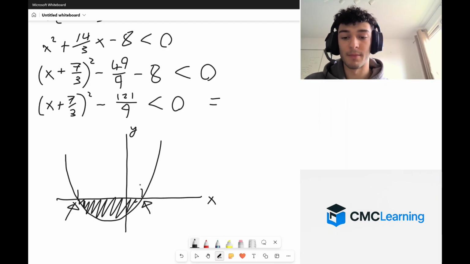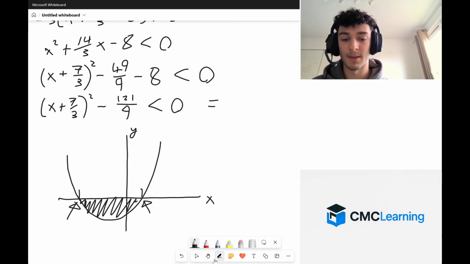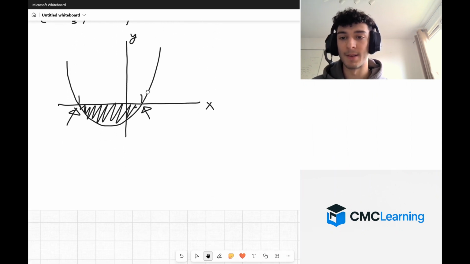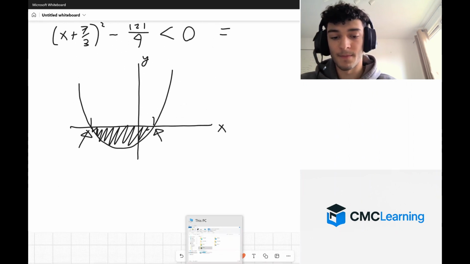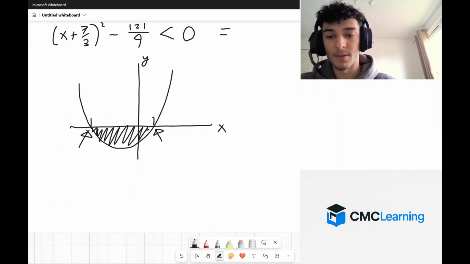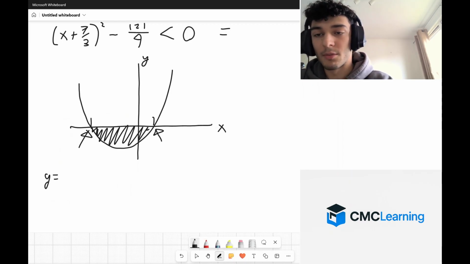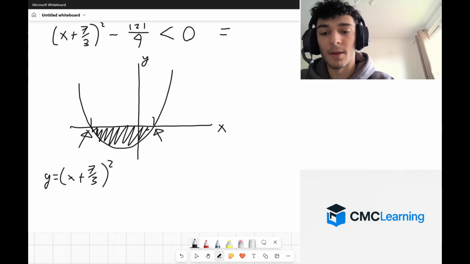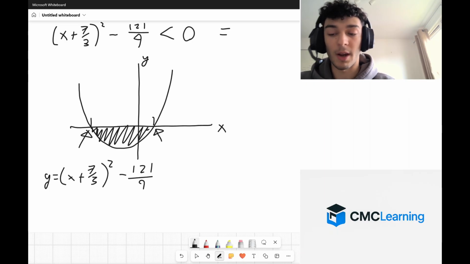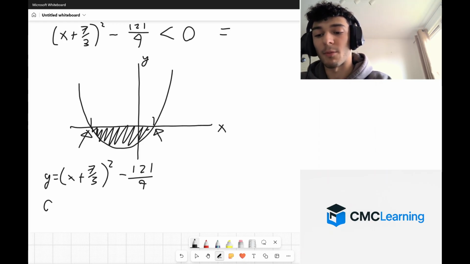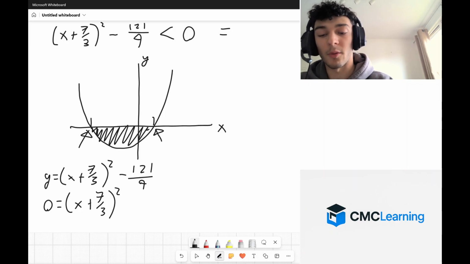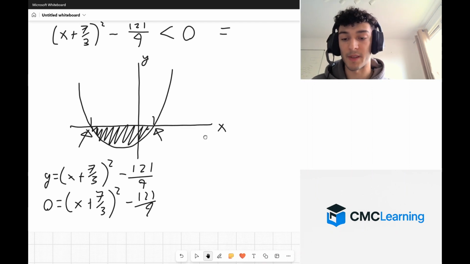So to put that a bit nicer, we are saying y is equal to x plus 7 over 3 all squared minus 121 over 9, and we want to know what we get when y is equal to 0. So here we're talking through the steps quite nicely, I think, because there's plenty of time to think.